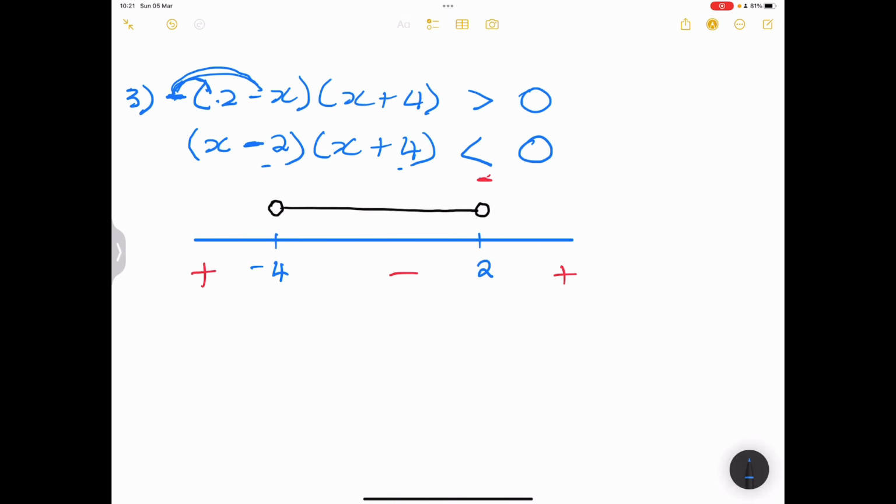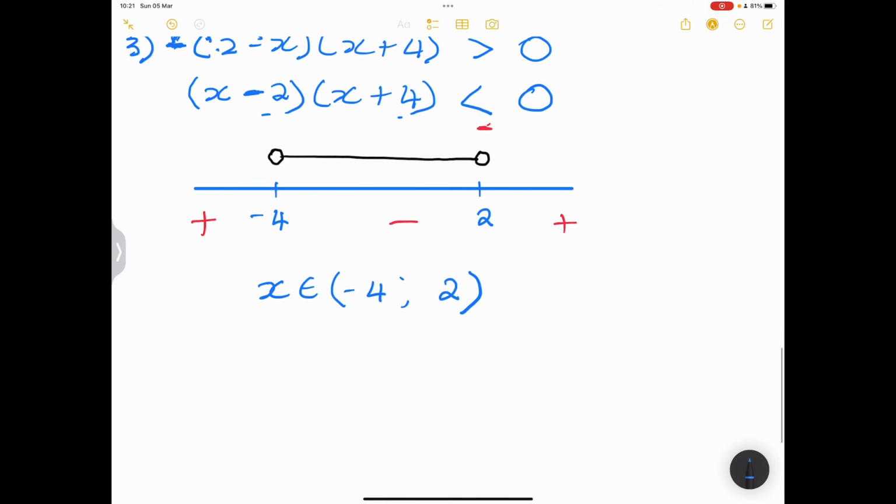We're simply going to say x is an element of -4, we are excluding it, so it's a round bracket, to +2, and we are excluding it because it's not included in this case, so we put a round bracket.